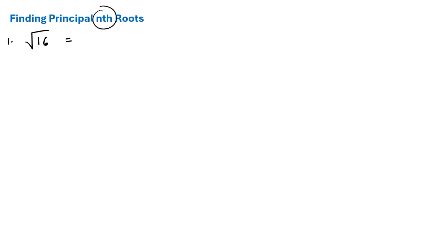Nth roots just represent square roots, third roots, fourth roots, fifth roots, and so on. Here we have square roots. Square roots can also be written like this, because the index is just two, so we are allowed to write square roots like this for short.